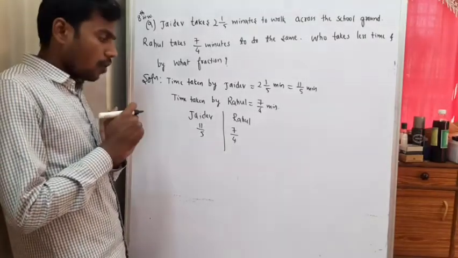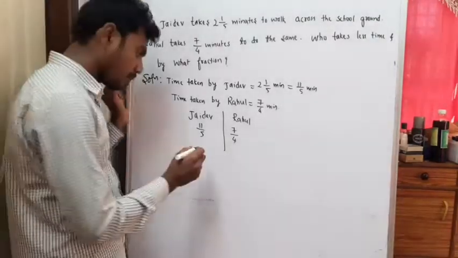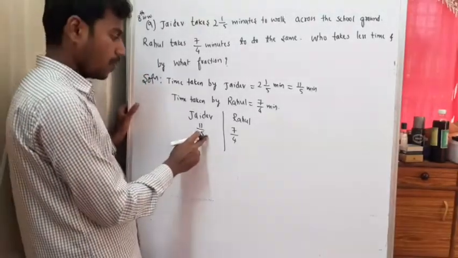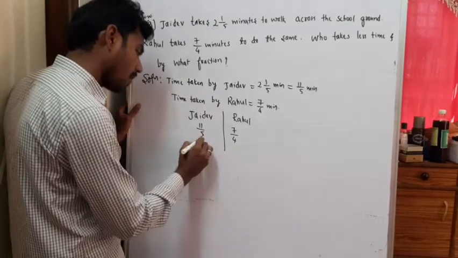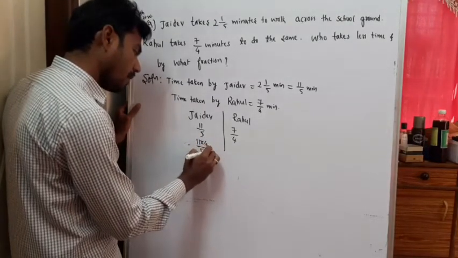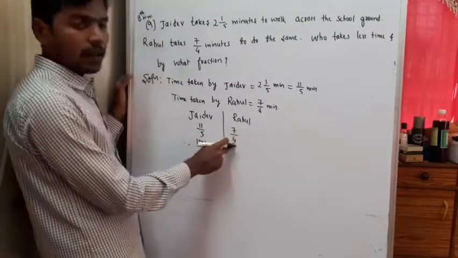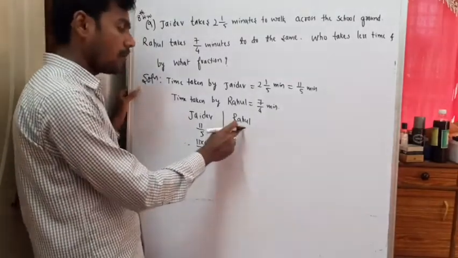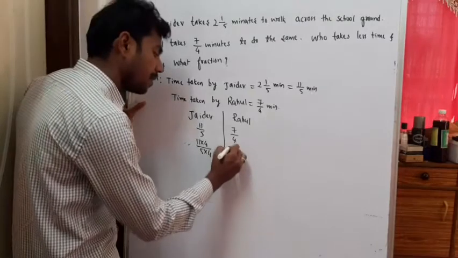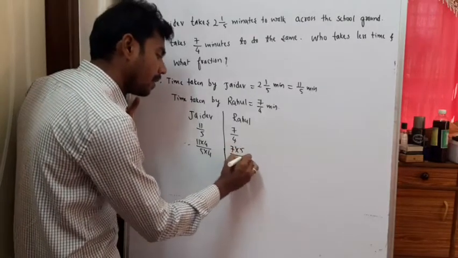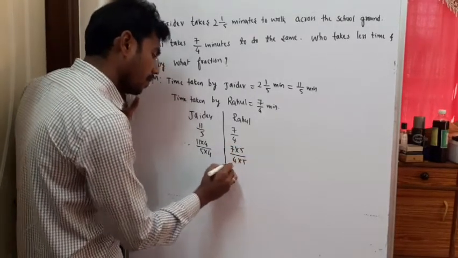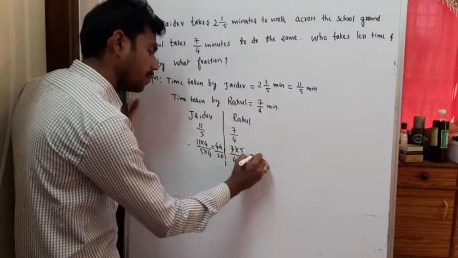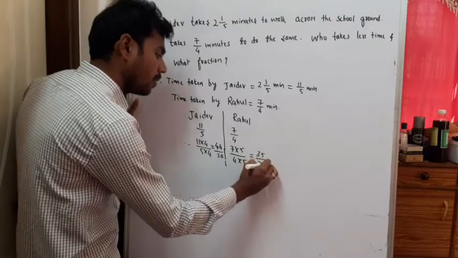Since 5 and 4 are co-prime, their product will be the LCM. So to make it 20, I need to multiply by 4. Multiply numerator and denominator by 4: 11 into 4, 5 into 4. To make the denominator 20, I need to multiply by 5. 4 5s are 20. Multiply numerator and denominator by 5: 7 into 5, 4 into 5. Okay, 44 by 20 and 35 by 20.